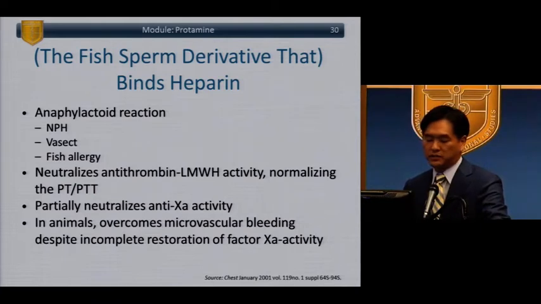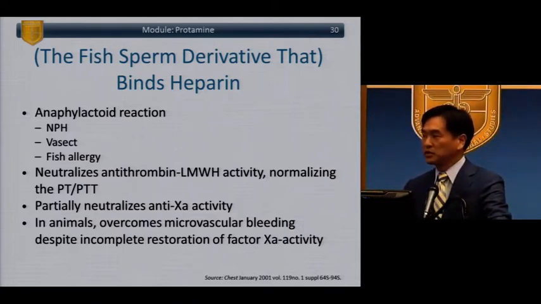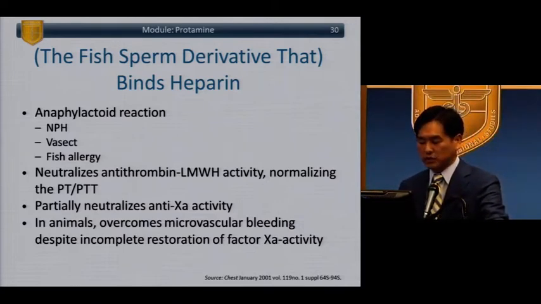And as far as people who've had vasectomies, evidently, if there's anything that men and fish share besides a desire to get away from it all, it's an antigen on your sperm. So if you've had the vasectomy, you've exposed yourself to your own sperm that has the same or a similar antigen to protamine, so you're at risk for anaphylactoid reaction.